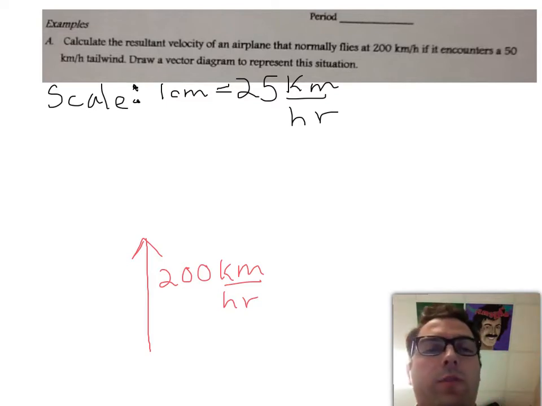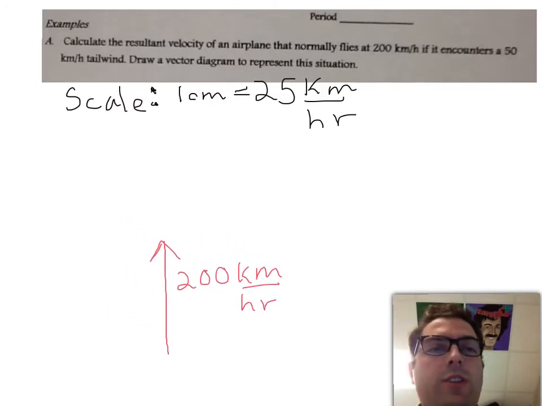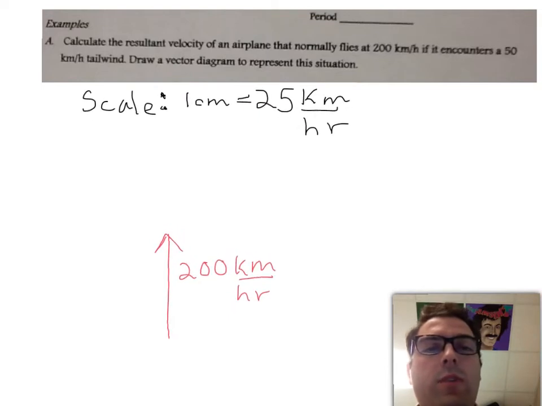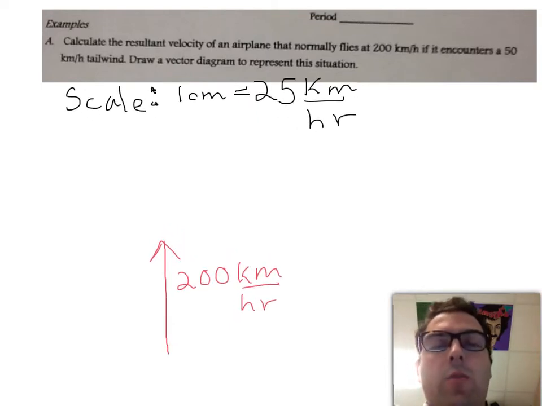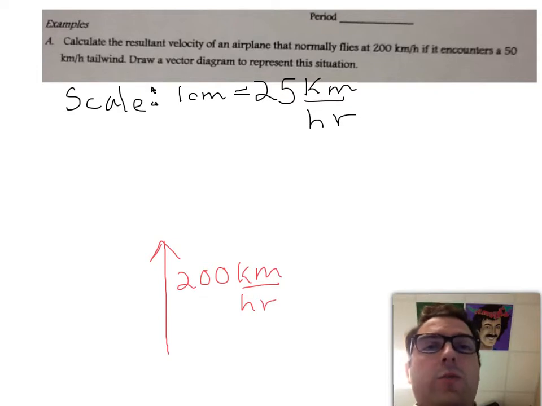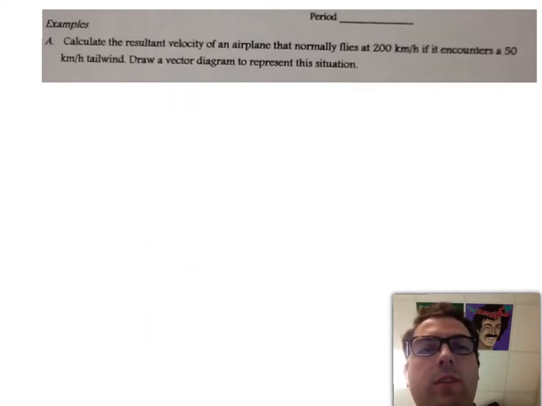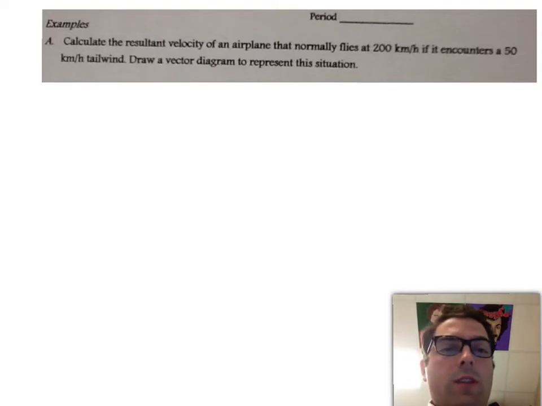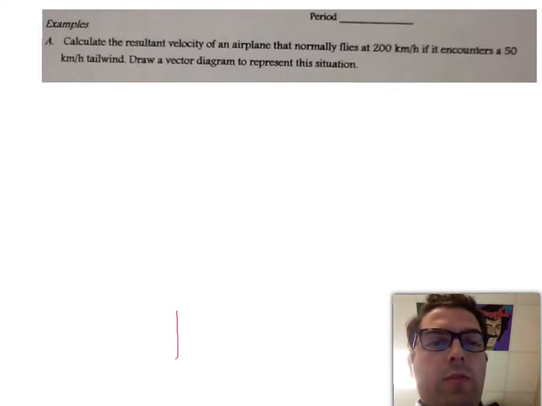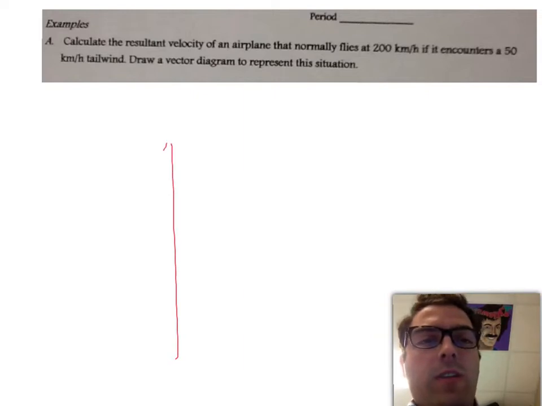I'm also going to need a representation of what the actual wind is doing. So the tailwind, because it's 50 kilometers per hour. Taking 200 kilometers per hour, 1 centimeter per 25 would mean that it needs to be 8 centimeters altogether.